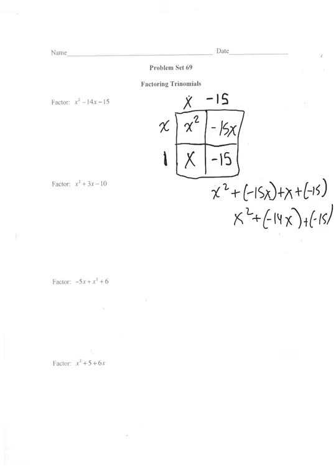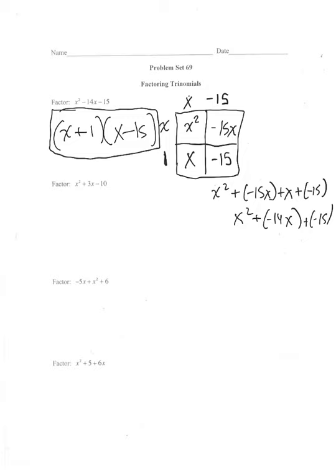So it looks like I found my two binomials. The way that I would write that out is x plus 1 times x minus 15, like so. So this is the factored trinomial. This box method is great if you want to keep using it.